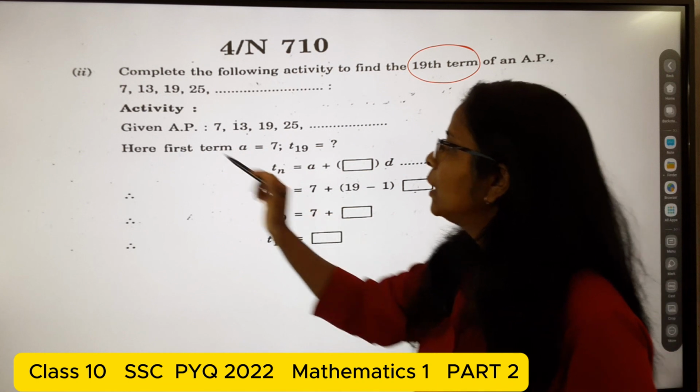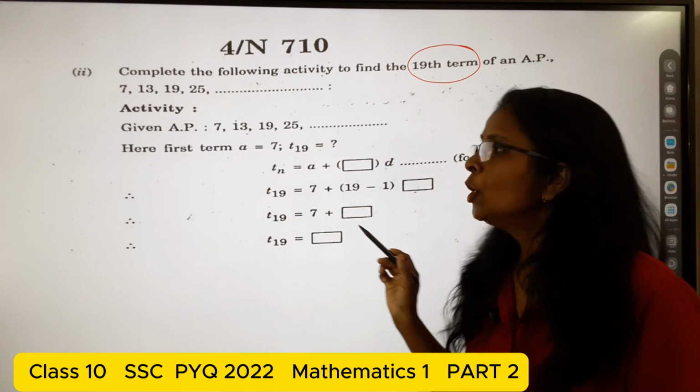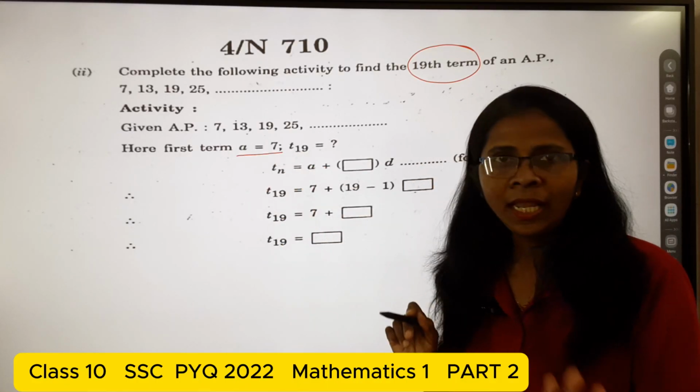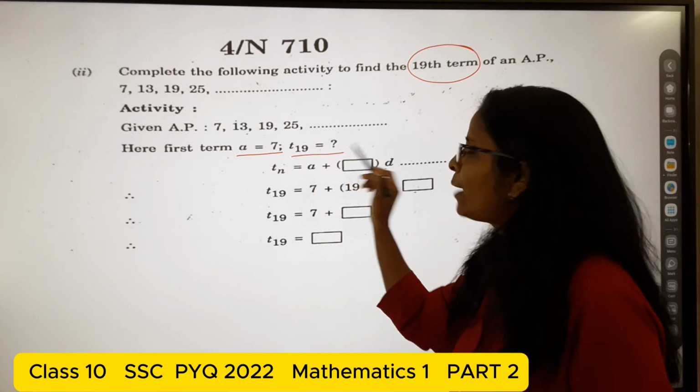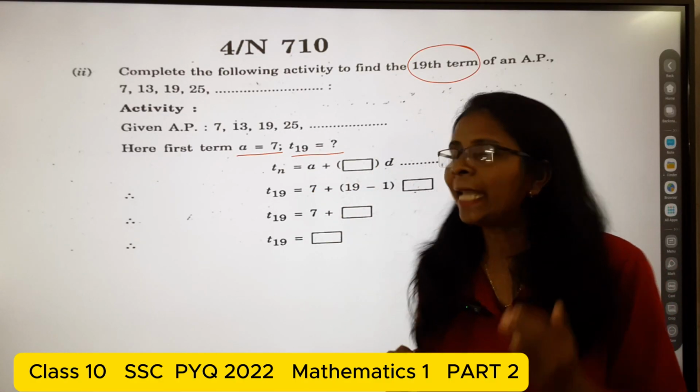An activity is given. Here, first term A is equal to 7. We have to calculate T19, students.